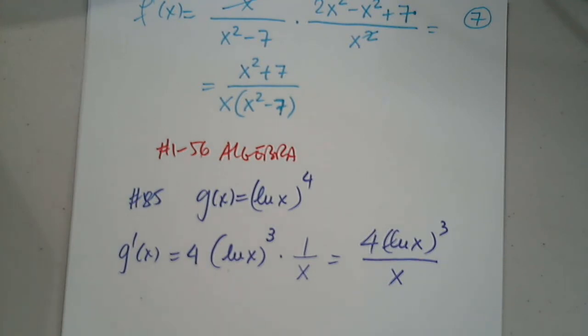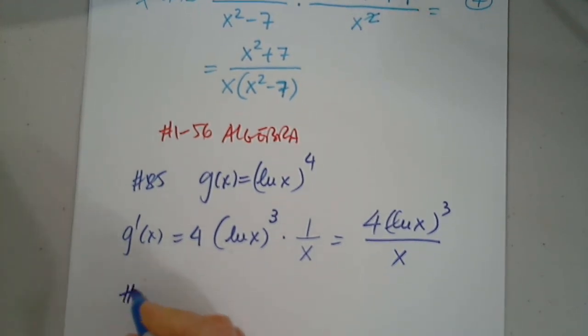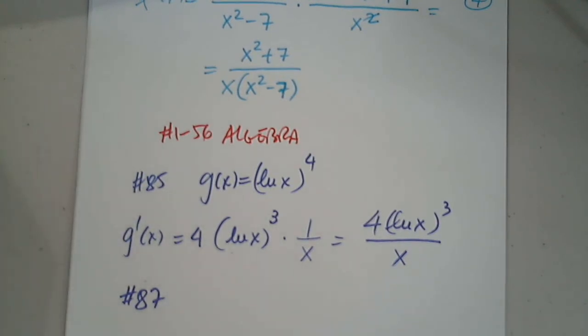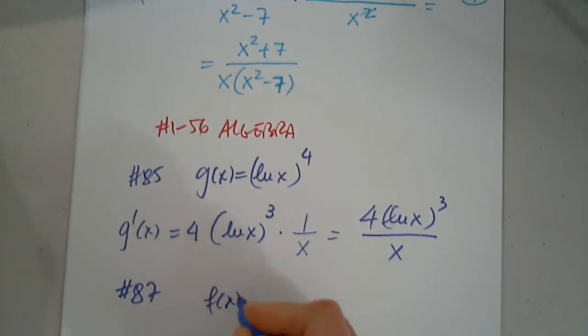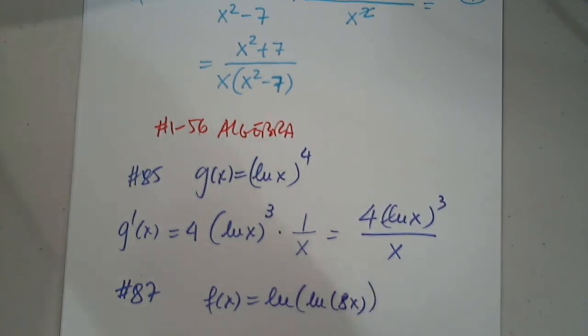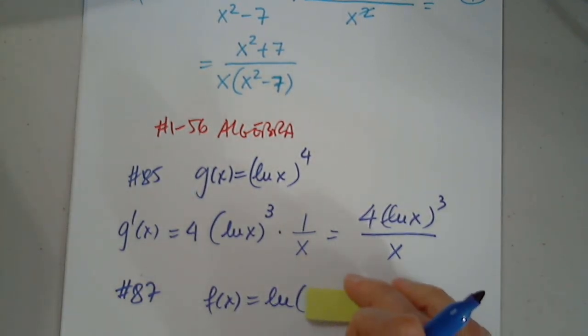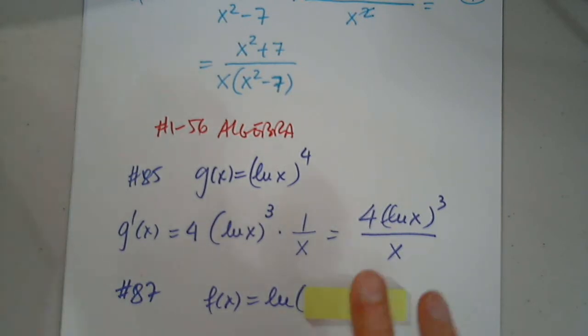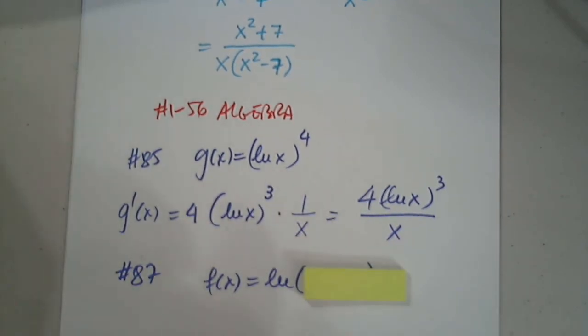Now, 87 is an interesting situation. Would you like to choose? Is anyone choosing? In 87, we have natural log of natural log. So this is f of x, natural log of natural log of 8x. Don't look inside yet.